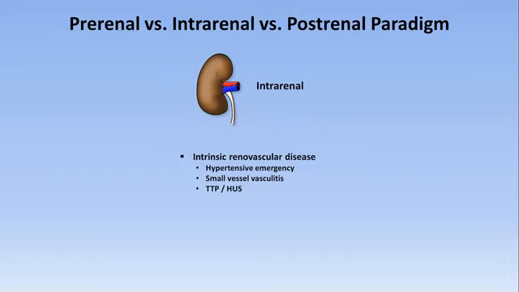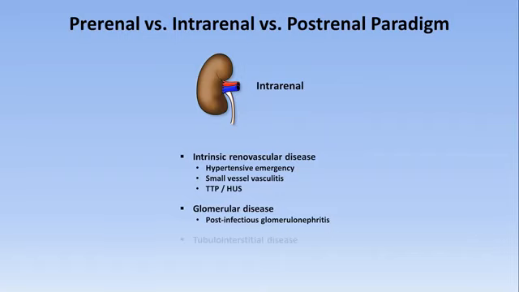Intrarenal disease can also occur within the glomerulus. While there are many glomerular diseases that can cause nephrotic syndrome and chronic kidney disease, they are not common causes of AKI per se. However, one of the more frequent glomerular diseases to do so is post-infectious glomerulonephritis.